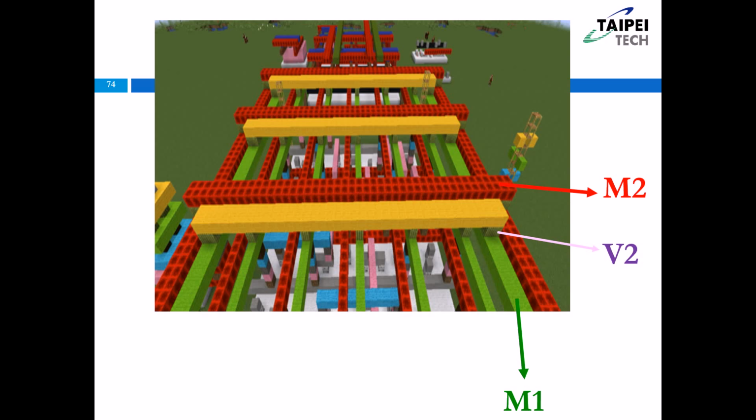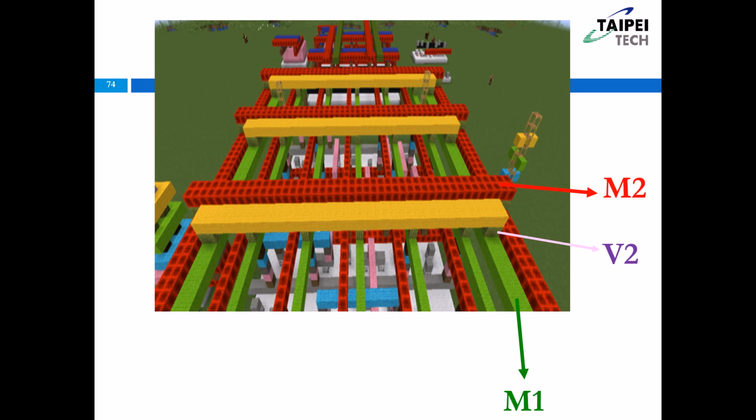And how can I connect metal 1 and metal 2? I need to use the via. I use the via to connect metal 1 and metal 2, okay? I cannot show you the via here, so maybe I can assume this yellow one is metal 2.